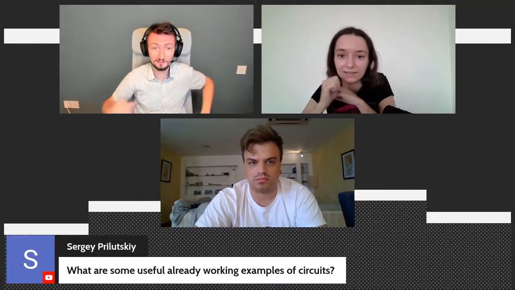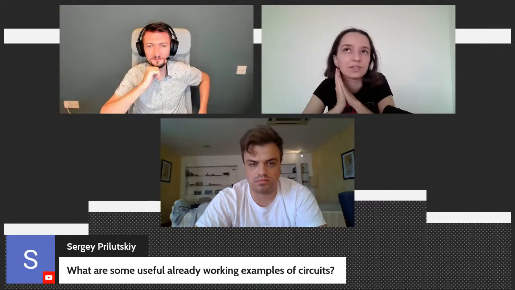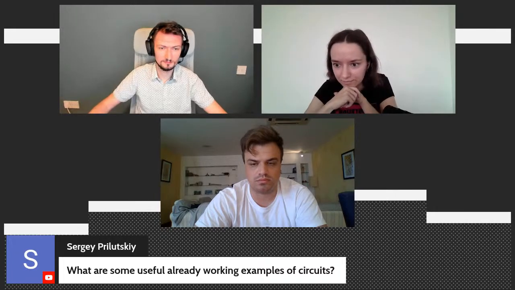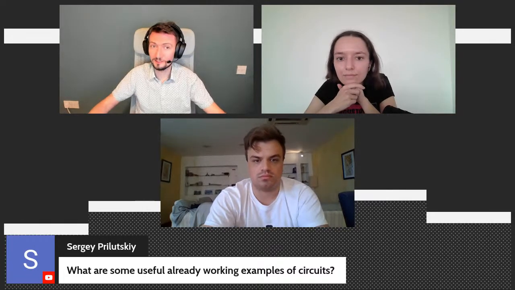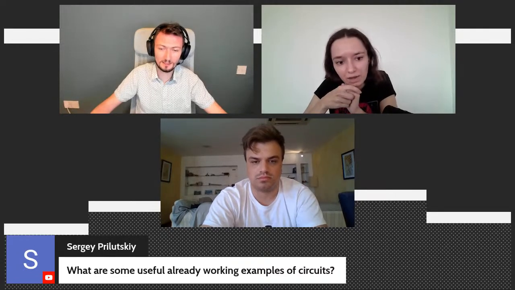There's another one about working examples, and I think it also goes after, because you will be talking about particular use cases. No, I can answer it now. I just wanted to clarify one thing. You mean you want to see some examples of flexible circuits, yes? Well, let's answer both questions.